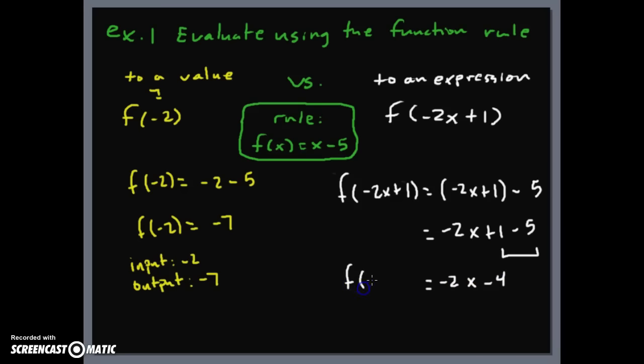So we can say that f of negative 2x plus 1 equals negative 2x minus 4. So our input in this example was negative 2x plus 1, and our output in this example was negative 2x minus 4. Next example.